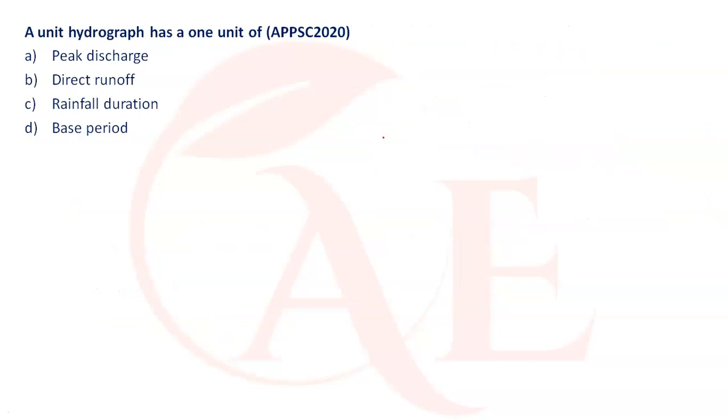A unit hydrograph has 1 unit of. So we want to find the unit hydrograph. What is a unit hydrograph?